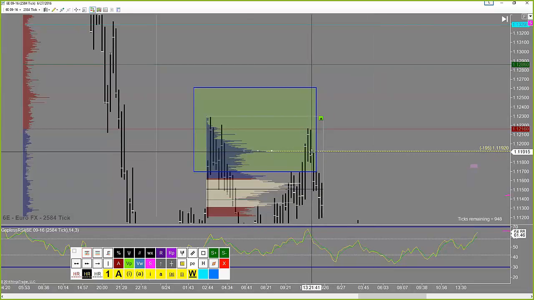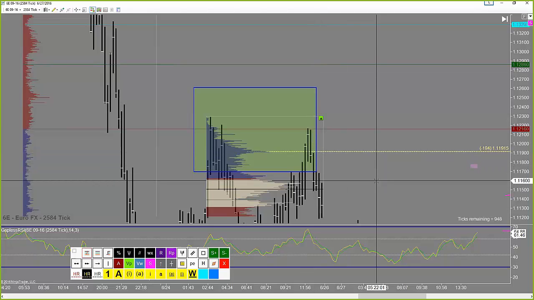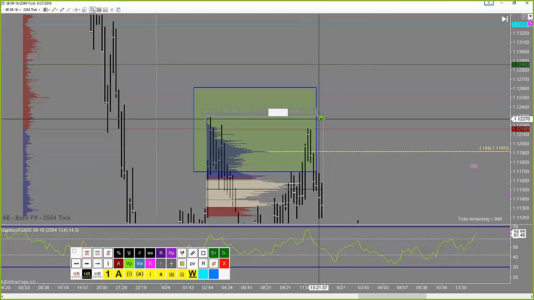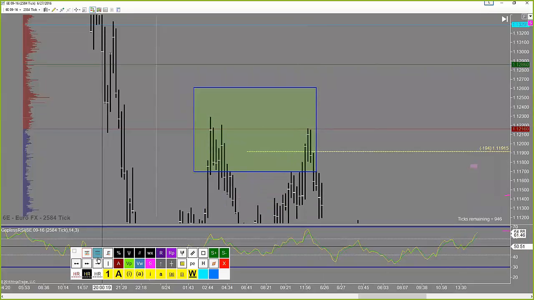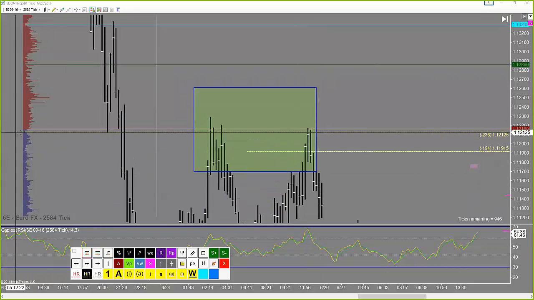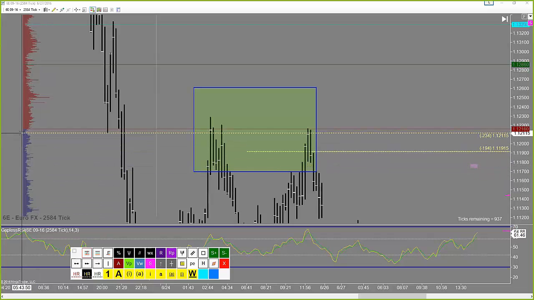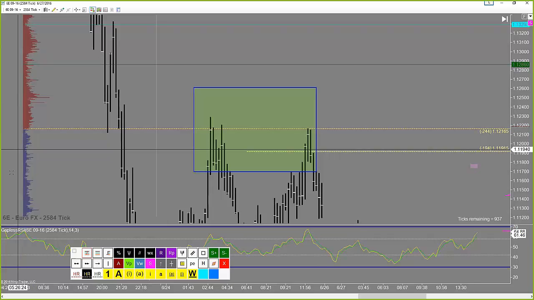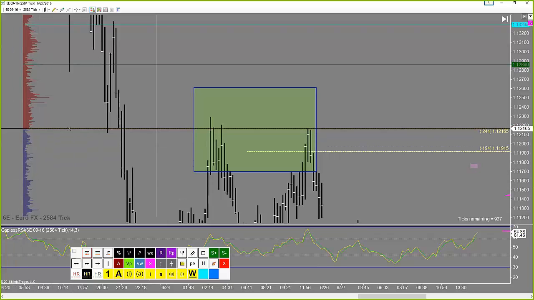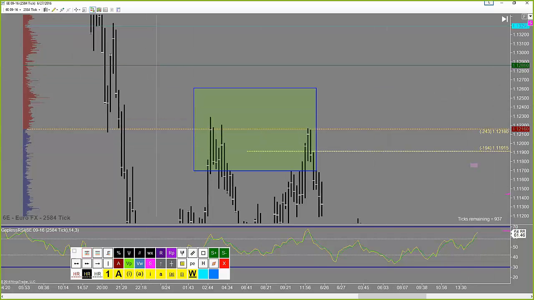It's right there, right? That's what we had marked out. So let's go ahead and delete that one. We've got the value area high. The value area low right there. That's one tick lower right there. So let's go ahead and delete that one too.